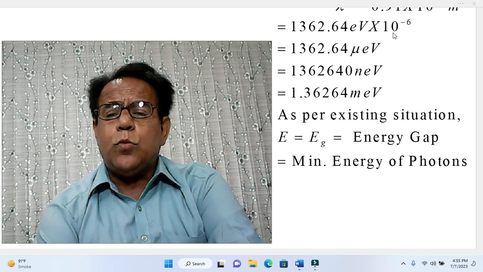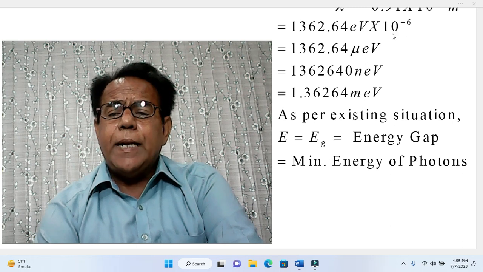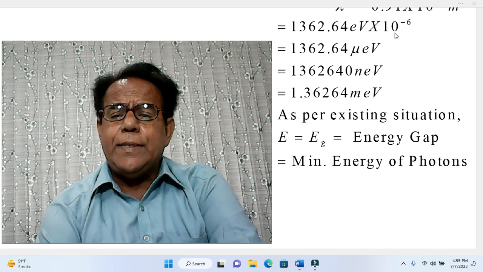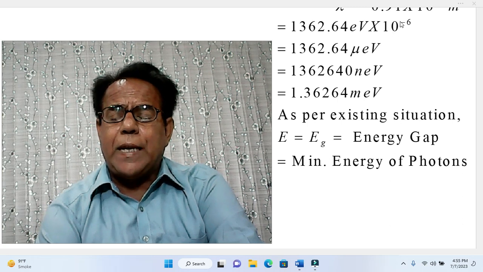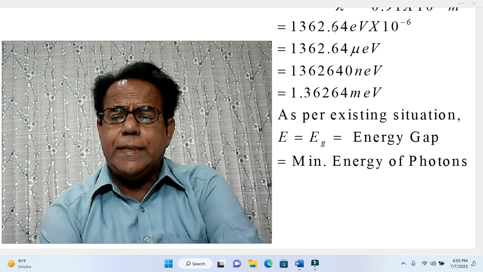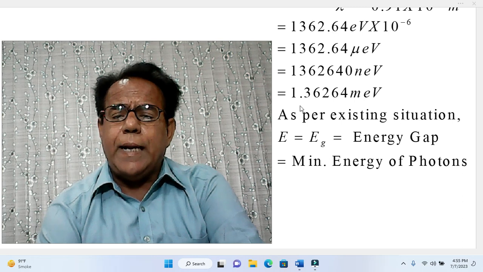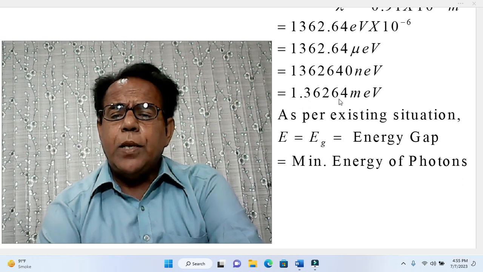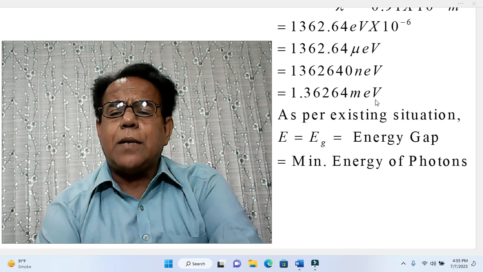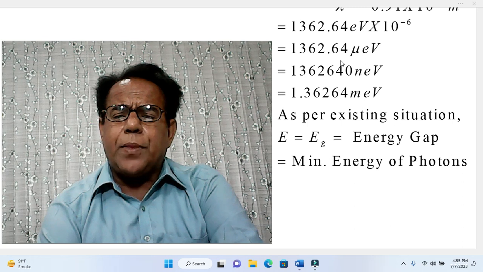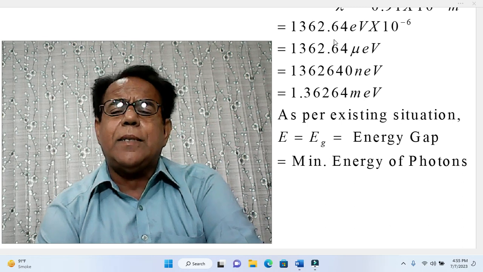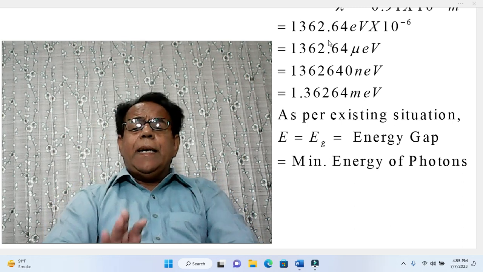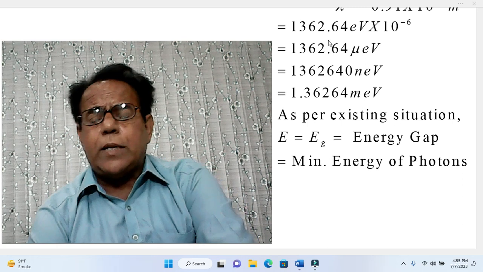When we want to convert this 10 to power minus 6 into 10 to power minus 3, then we will have to divide this by 1000, and hence the resultant value will become 1.36264 milli electron volt. All the values are correct and convey the same result.